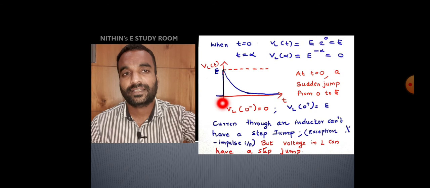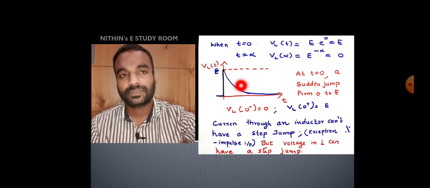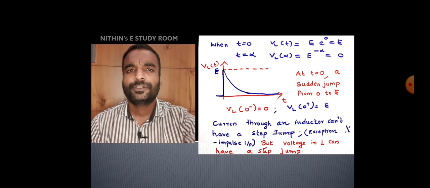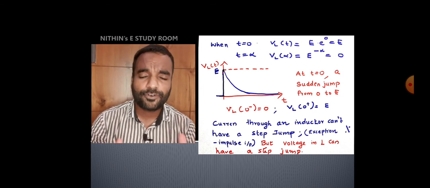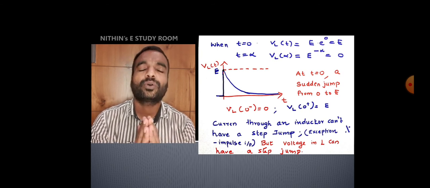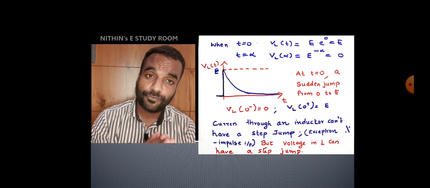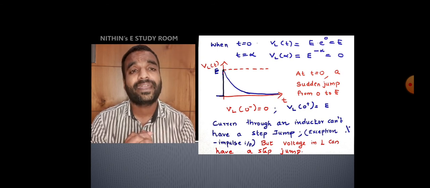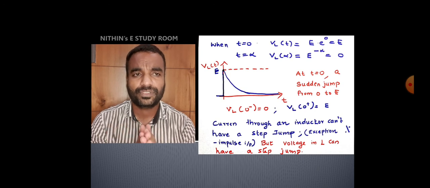Voltage across the inductor is jumping towards a high value E, and then it is exponentially decaying to 0. So in the current waveform of an inductor, it will not have any sudden jump. But in the case of the voltage waveform, it may have sudden jumps. That is the conclusion we are getting.